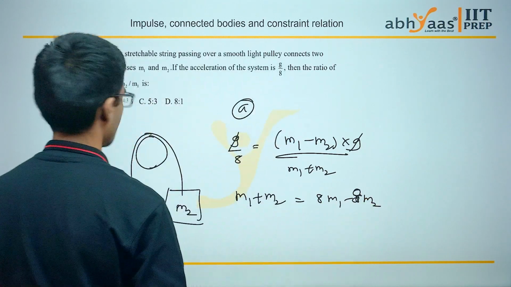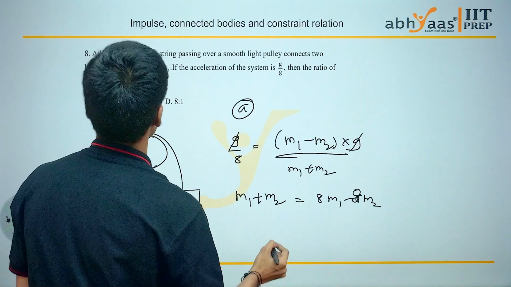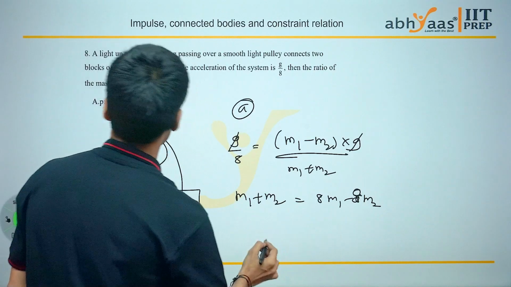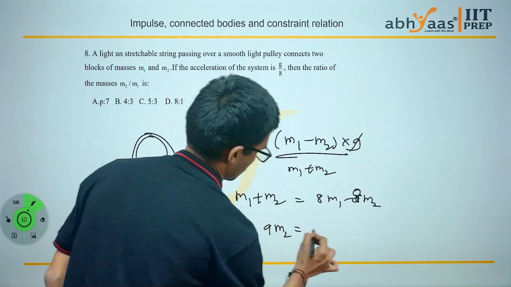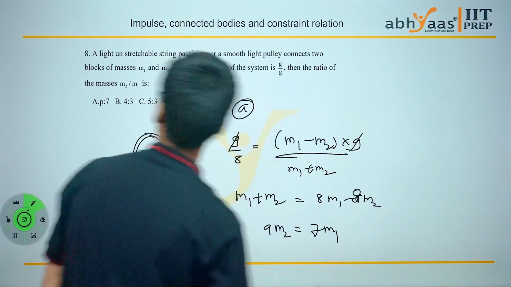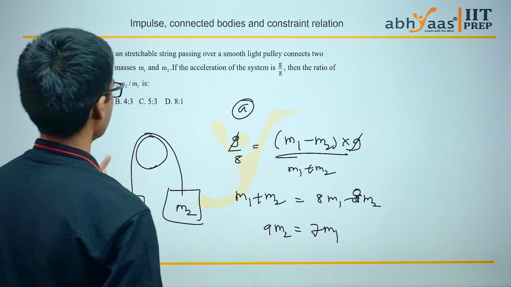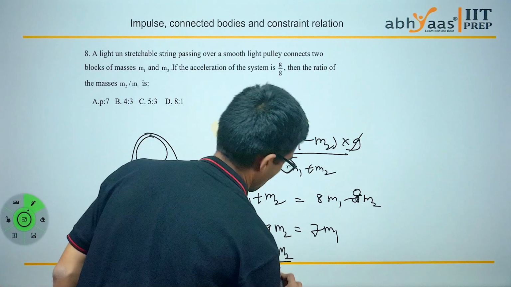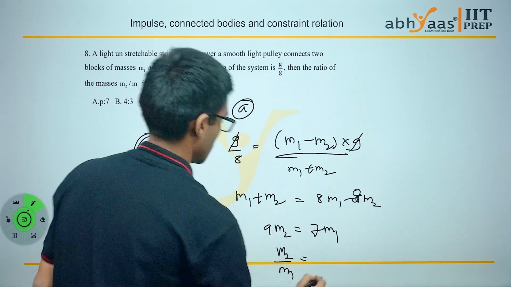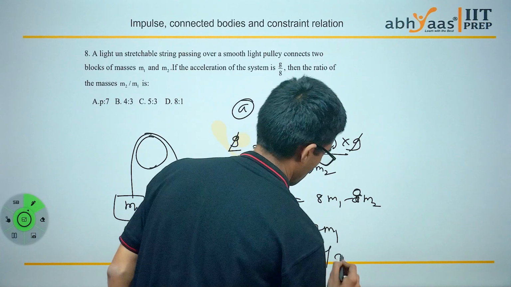What do you need to calculate? Here 9 M2 is equal to 7 M1. Now what is being asked? M2 by M1, which is equal to 7 by 9.